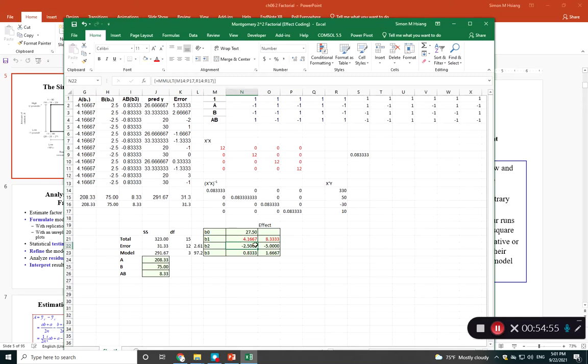In other words, B is moving up, gets smaller. How much smaller is 2.5 per unit? But how much do I move in the experiment? -1 to 0 to +1. So here is 2.5 times 2 is 5.